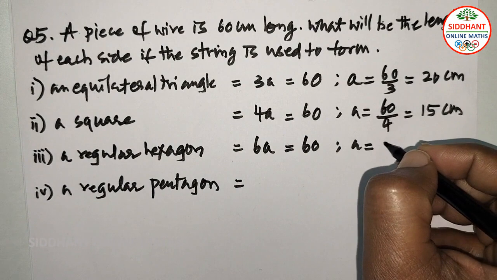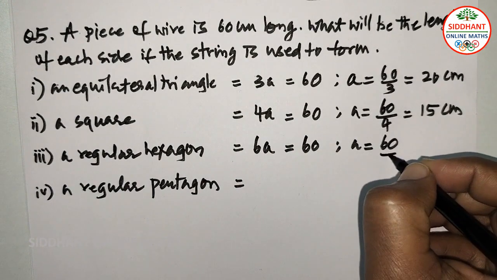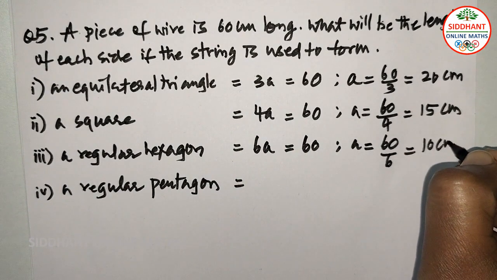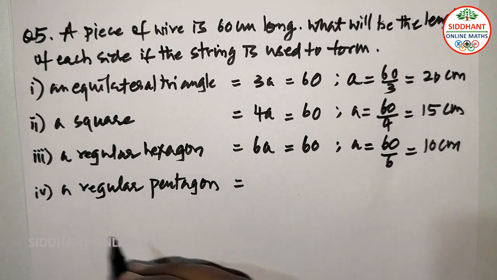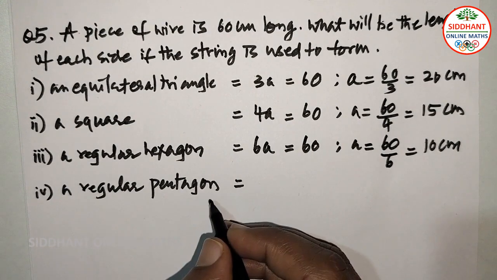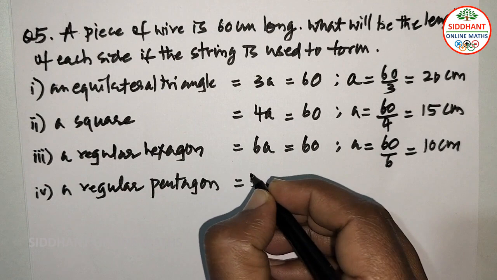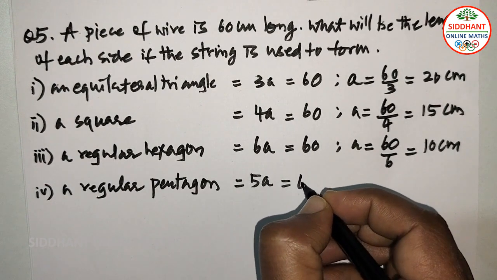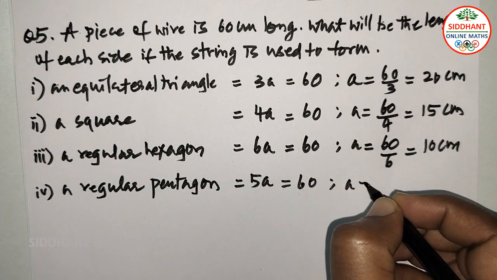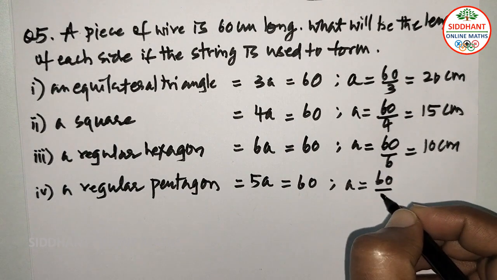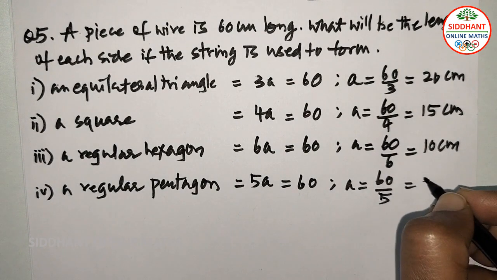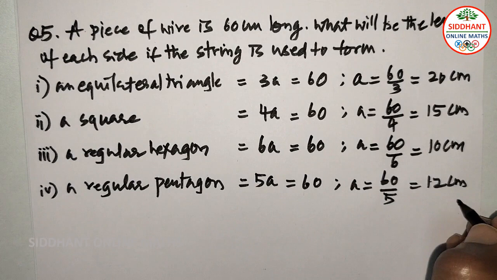Then a is equal to 60 by 6, so that will be 10 centimeters. Fourth one, a regular pentagon, which is 5a is equal to 60. Then a will be 60 by 5, so that will be 12 centimeters, the dimension of one side.